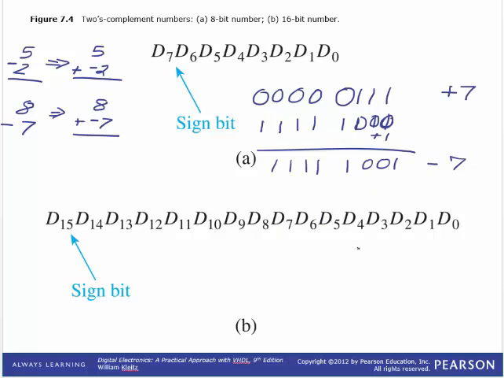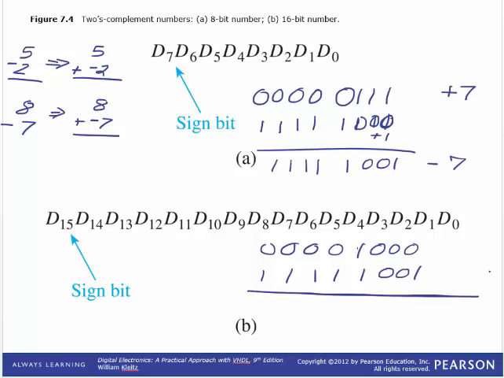So 8 is 0, 0, 0, 0, 1, 0, 0, 0. That's the number 8, right? And I'm going to add negative 7 to it. And negative 7, I just found out, was 1, 1, 1, 1, 1, 0, 0, 1. So this is 8, and I'm going to add to it negative 7, and let's see what we get.